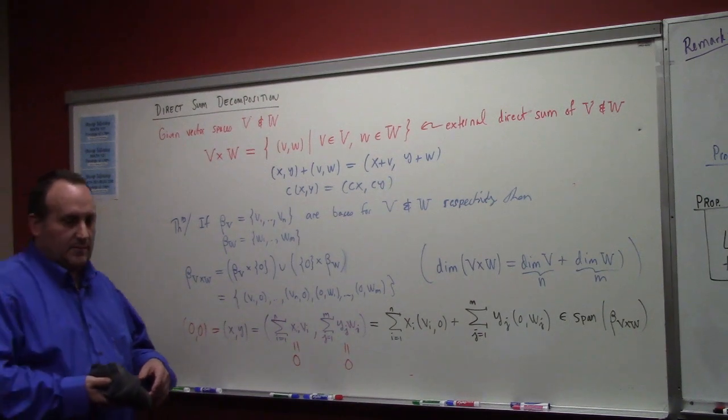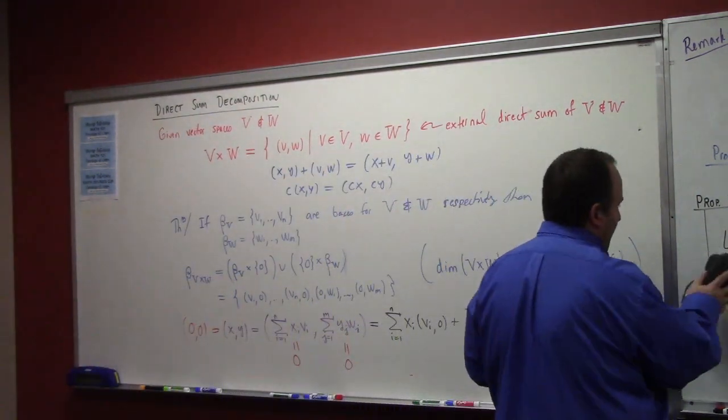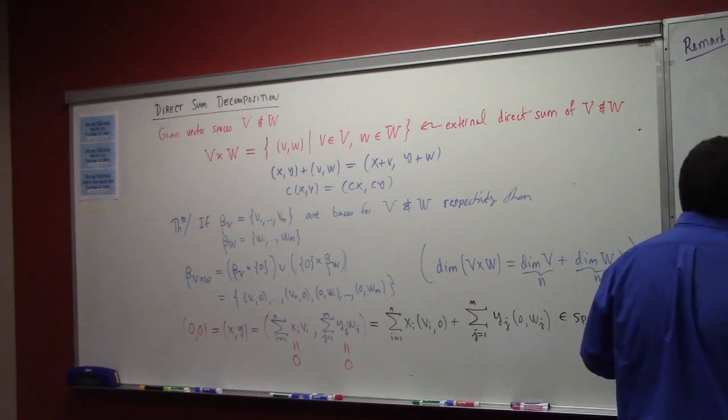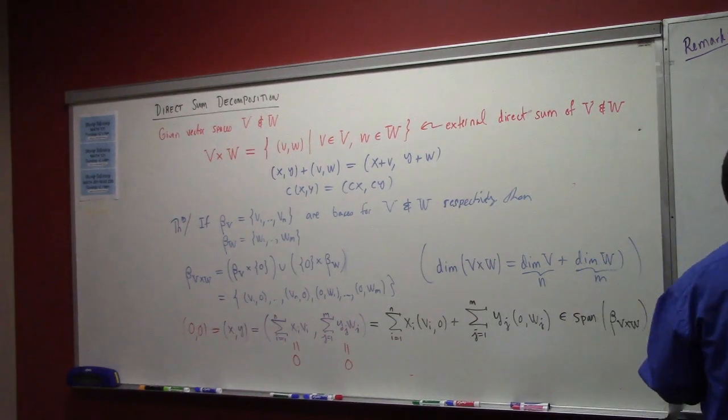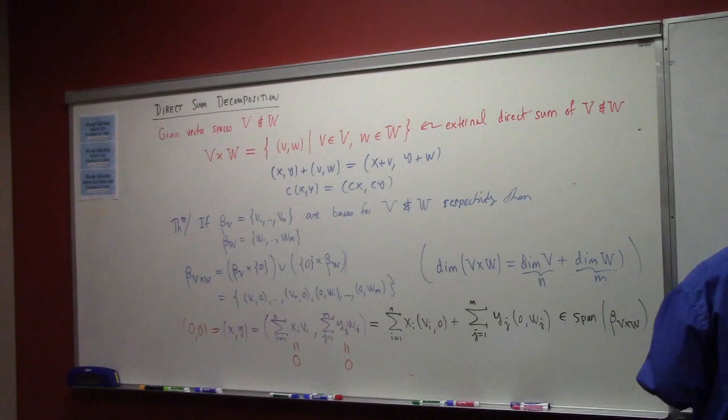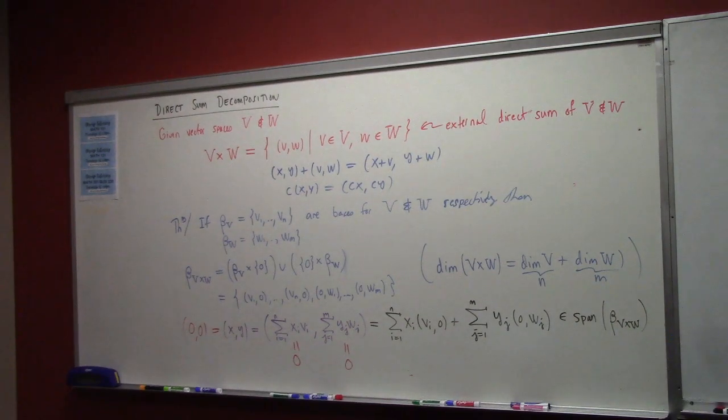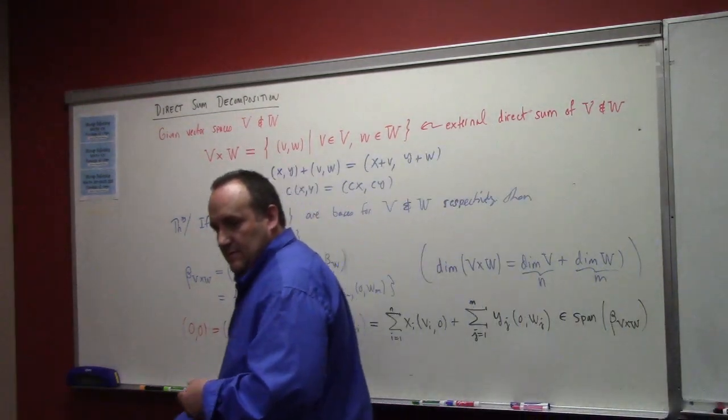Okay. So they would be isomorphic when the subspaces are independent. And that's the heart of the matter. The idea is that if you're given a collection of subspaces of a vector space, then those spaces are independent if and only if the sum of them is isomorphic to the external direct sum of them in the sense of Cartesian product.